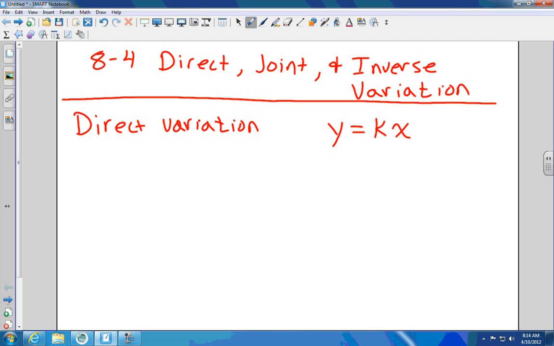That's the formula or equation for direct variation. Y equals kx. K will always be K. It's always the constant of variation. In all the problems today, it is the constant of variation. Y and X can be anything.